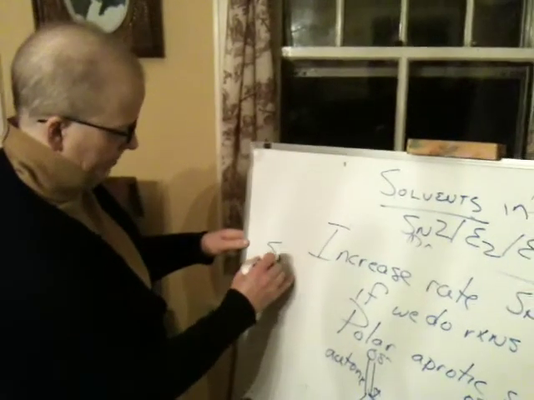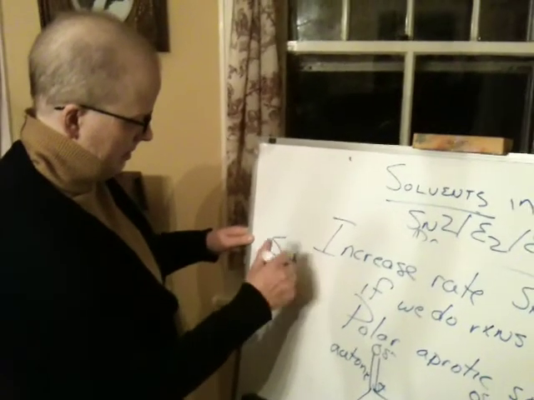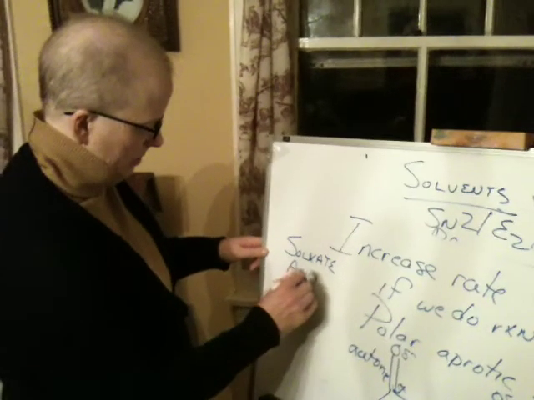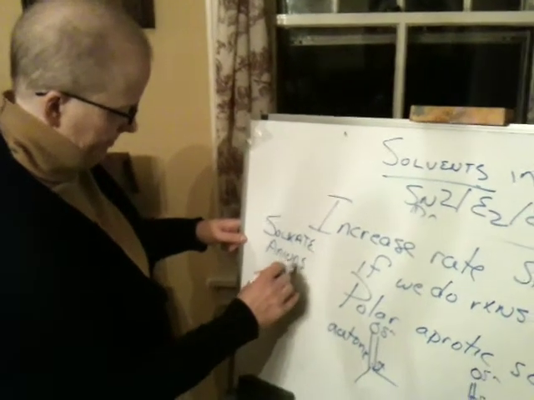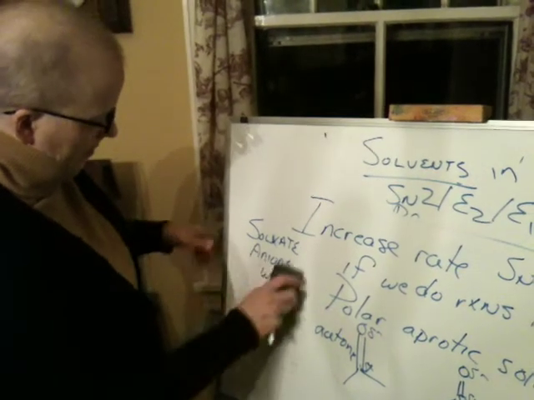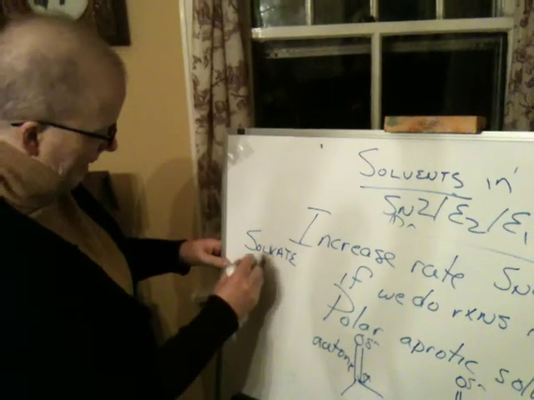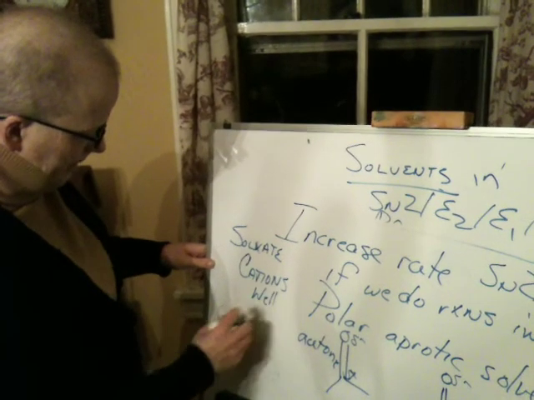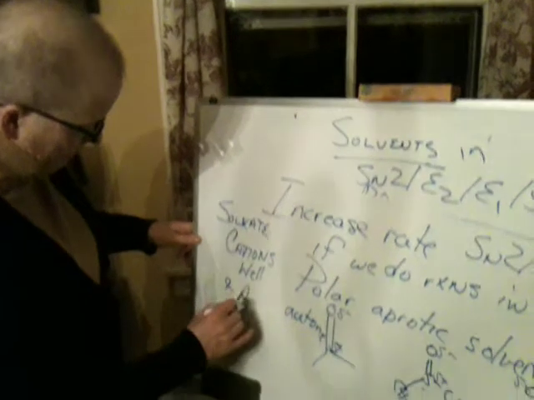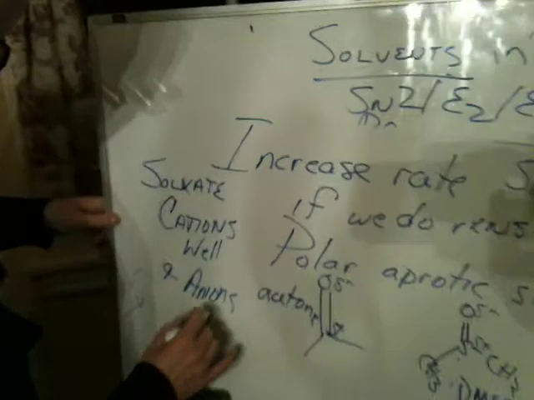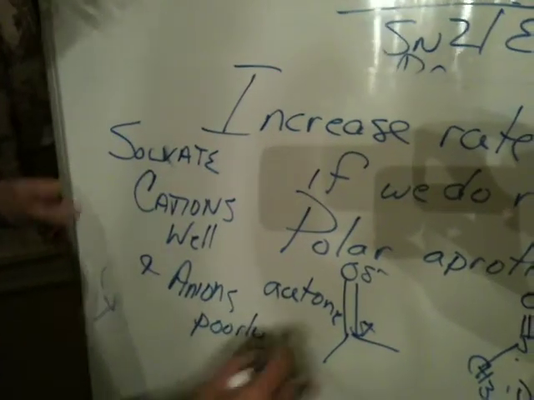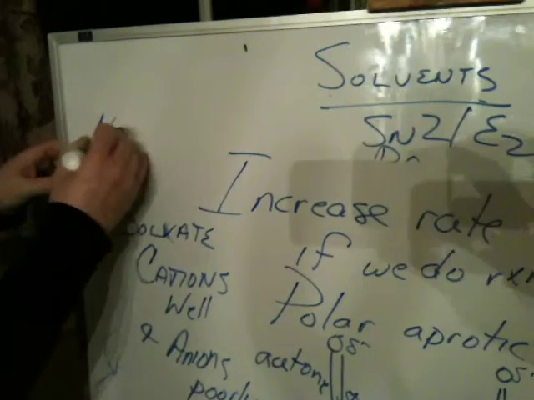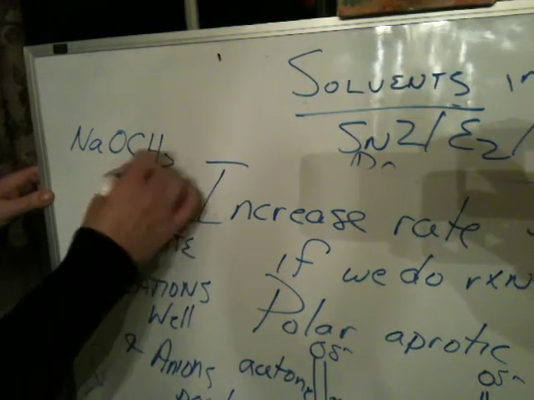They solvate anions well. Oops, they don't solvate anions well. Backwards. They solvate cations well and anions poorly. So think about this. Supposing we want to get sodium methoxide into solution.